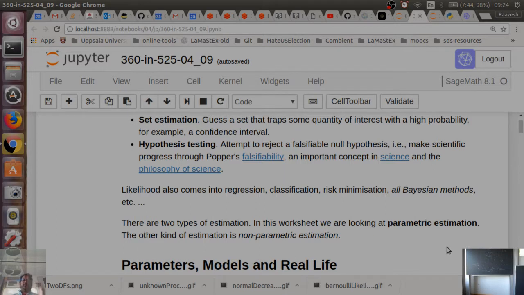So it's kind of everywhere, and of course Bayesians cannot even continue without likelihood. They usually take the likelihood function and multiply it by some other distribution that encodes the prior beliefs or knowledge about the experiment.